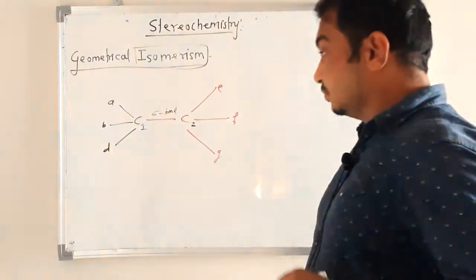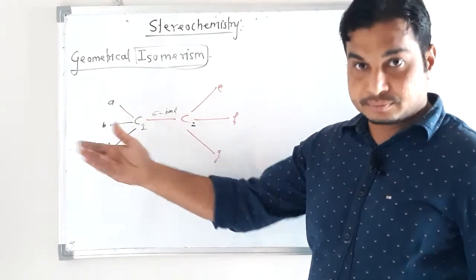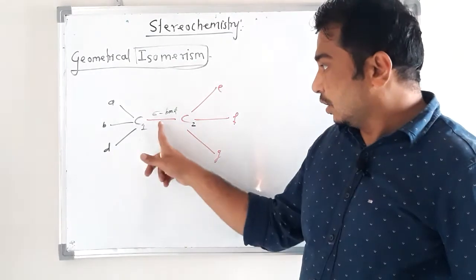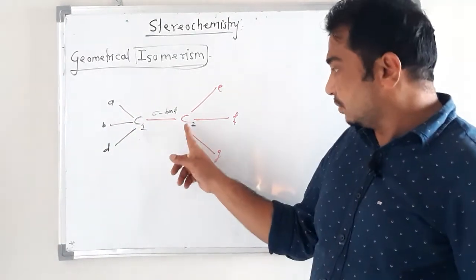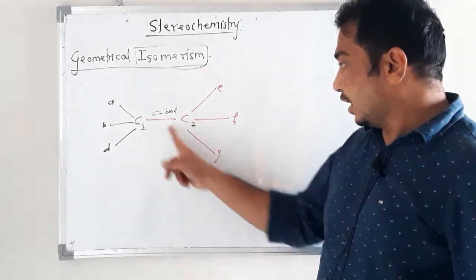Carbon is tetravalent: 1, 2, 3, 4, and C2 also has formed four sigma bonds, 1, 2, 3 and 4.